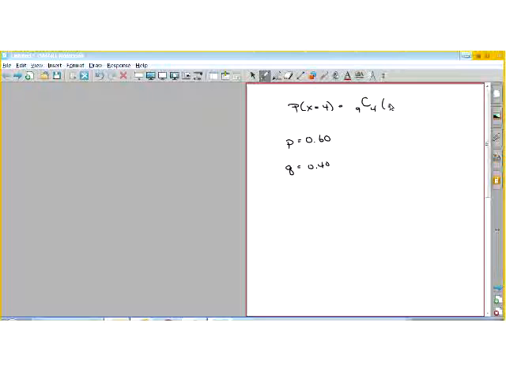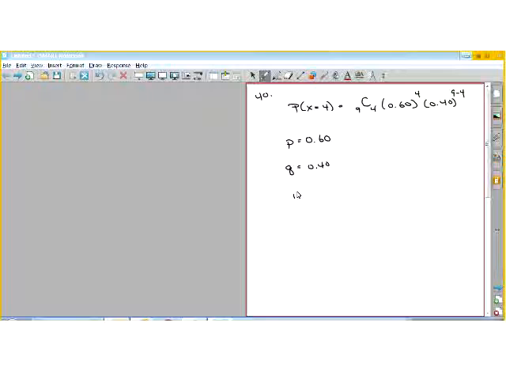So we take the probability of success, and the number of successes is 4, so raise that to the 4th power. Take the probability of failure, and you take that to the 9 minus 4 power, which is the 5th power. So we're talking about 40, from 40 to 40 right here.